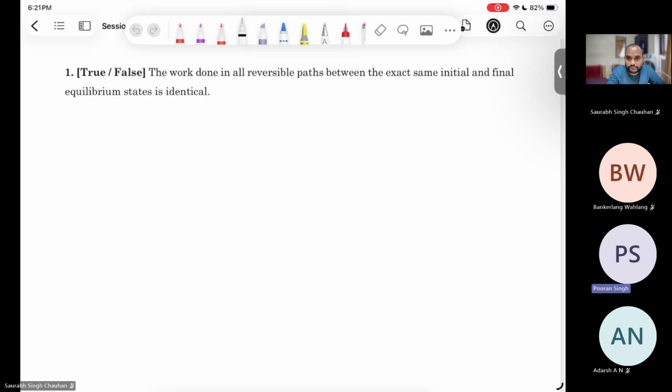Puran Singh this side. I think those questions, whatever is given, that is assignment 0 only, so those marks will not be considered, I think. What is 0? I couldn't hear you properly.